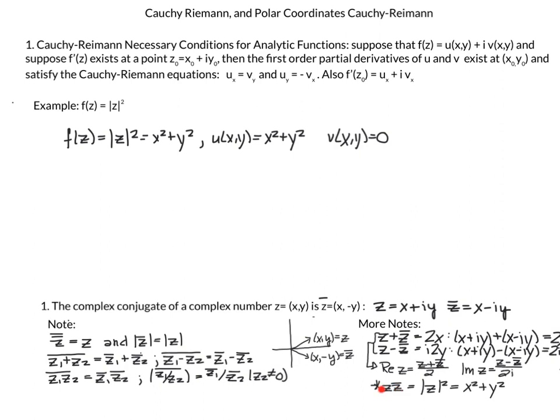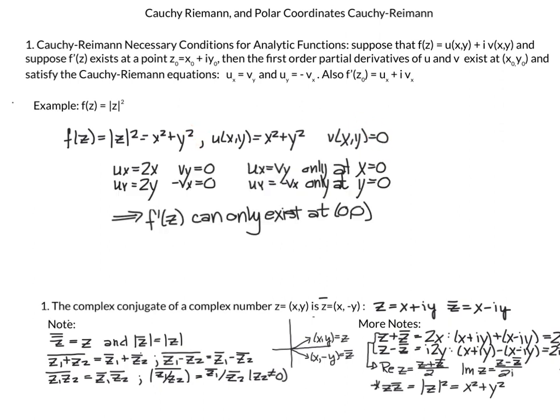You can multiply out z, which is x plus iy, times its complex conjugate, x minus iy, and you'll see it's equal to x squared plus y squared. So u of xy is equal to x squared plus y squared, and v of xy is equal to 0, since there's nothing multiplied by the imaginary number i.